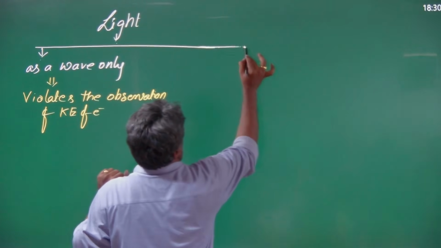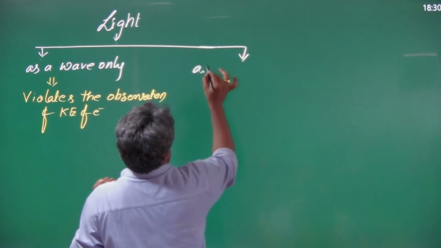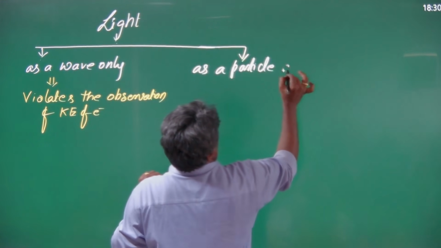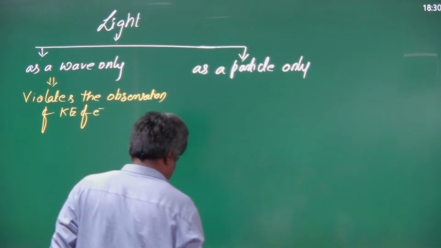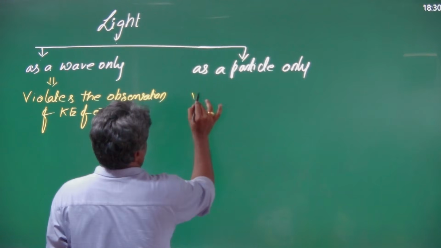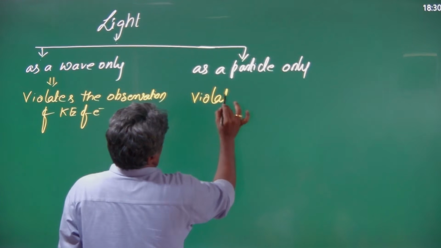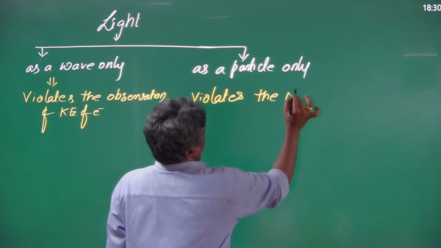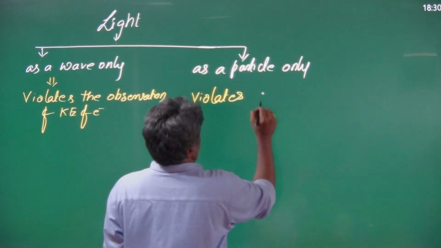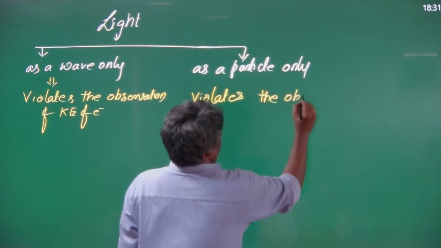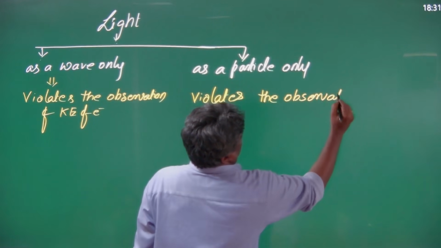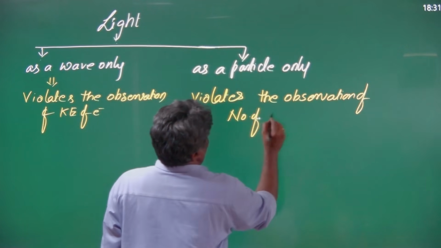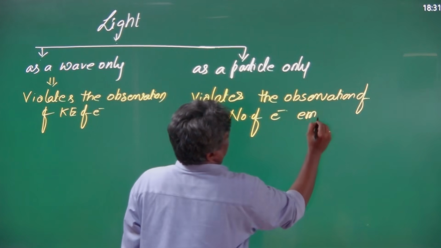Try to understand slowly. And if you assume it as a particle only, then it violates the observation of the number of electrons emitted.